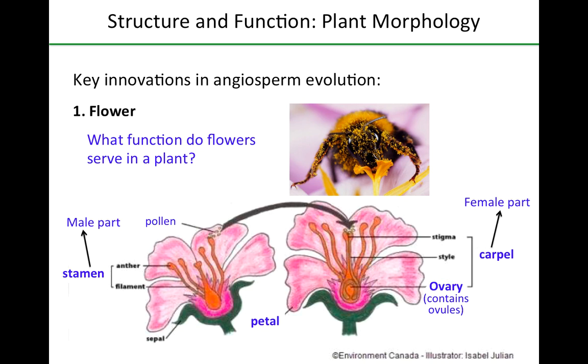So if we think about the evolutionary importance of the flower, this allowed for more efficient pollination.